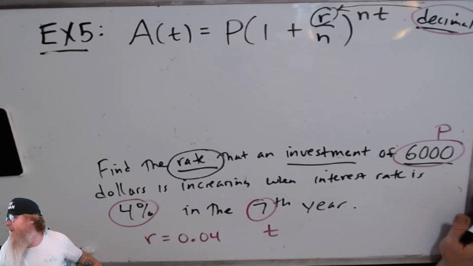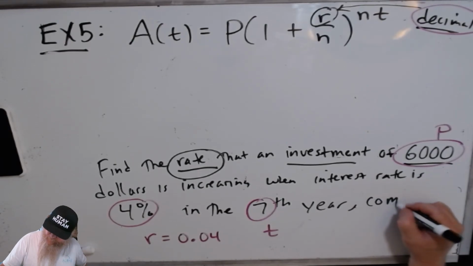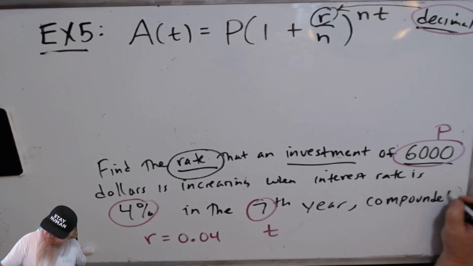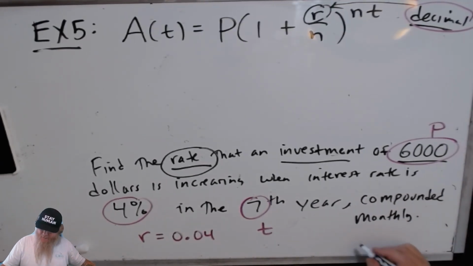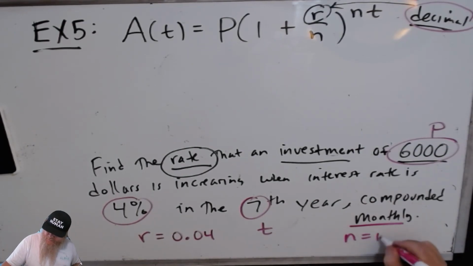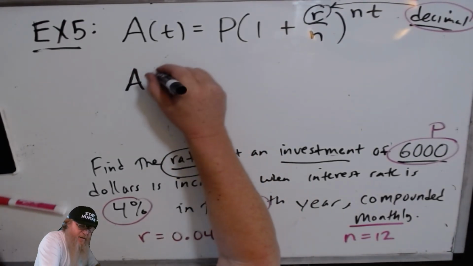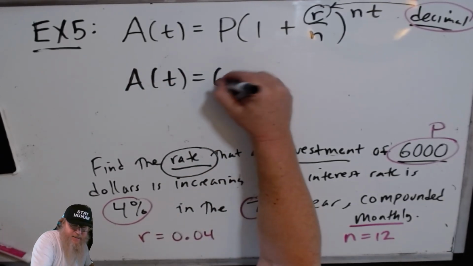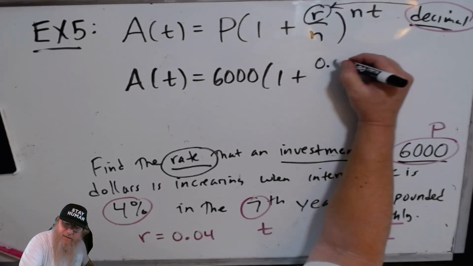Oh, I forgot to say compounded monthly. I didn't read the whole thing. So N is 12. 12 times a year, so every month. So my investment is $6,000. My interest rate is 4%.